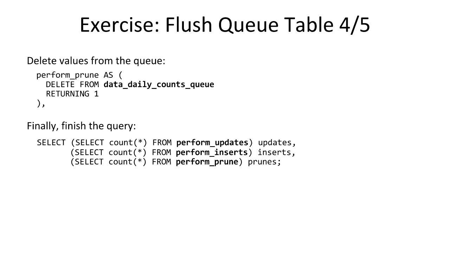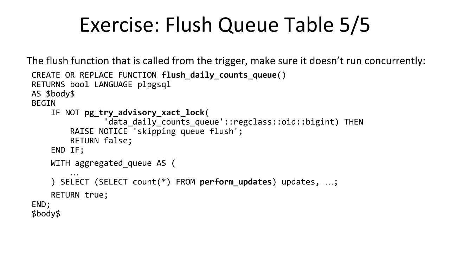So to our flushing function, we add a check to make sure that it only runs in one backend or in one session. And if there's others running, it should just return without doing anything. Postgres has advisory locks for that purpose, which is just locks that you can take on some integer value, and if somebody else has already gotten that, we'll get a false back.